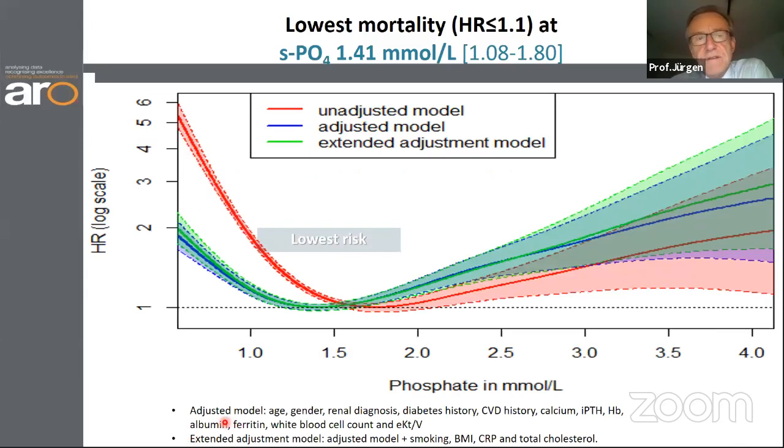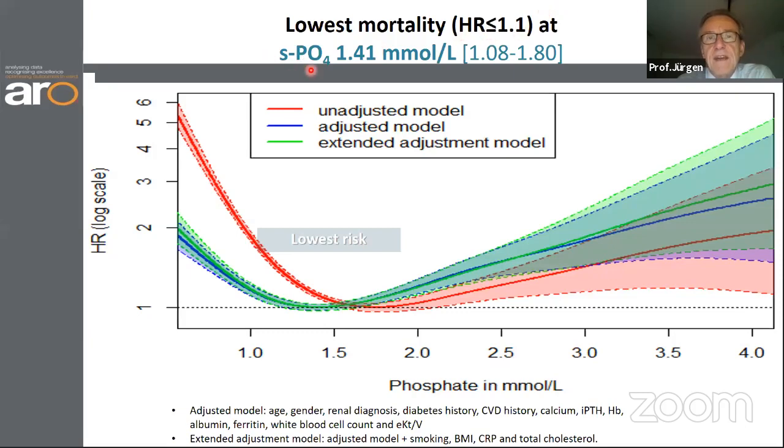And I would like to start the discussion with data that we obtained in the ARROW initiative. Now, the ARROW initiative is an analysis of the European Fresenius database. So all the Fresenius centers in Europe, they have a common database. And here we looked, where's the lowest mortality risk defined by a hazard ratio of below 1.1.